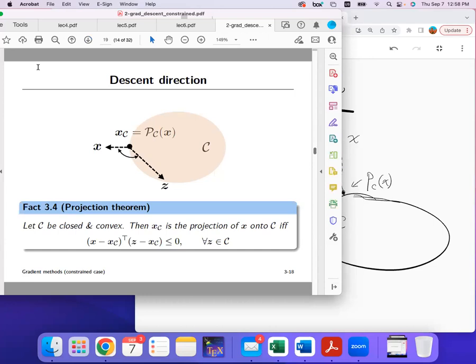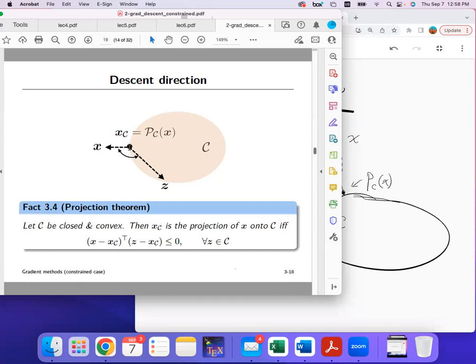Now, this theorem says this. Let C be a convex set. Then a point x_C is the projection of x onto C if and only if the following condition holds. The condition says that for any other point z in C, z minus x_C is negatively correlated with x minus x_C.